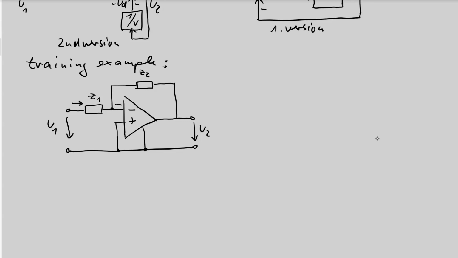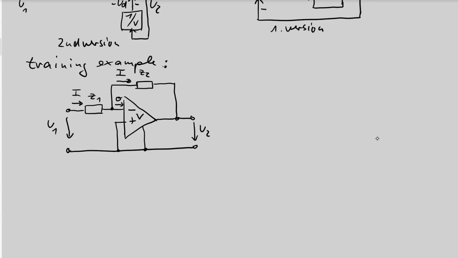The current into the amplifier input is 0, but here there could be a current, because if this voltage is 0, U1 is completely the voltage drop over Z1. So this is an input current I, which is not 0. But if the input current of the operational amplifier is 0, the gain is again V, then we know the current through Z2 is also I.